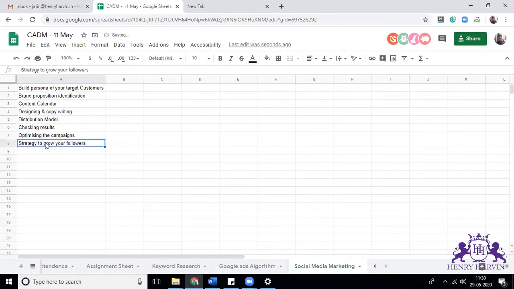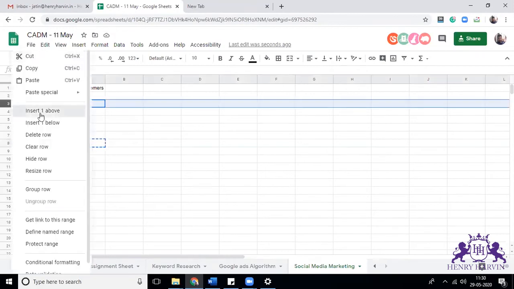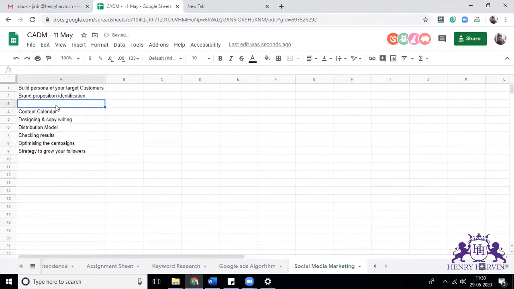Or you can keep it ahead of the content calendar as well. That is also fine. Okay, so this is how social media marketing is managed.